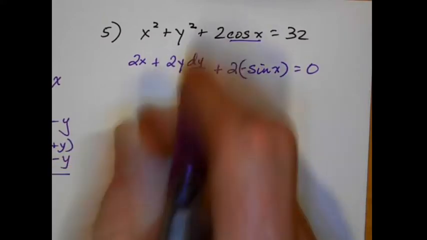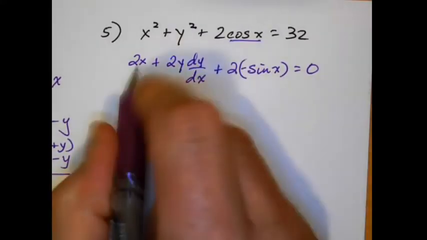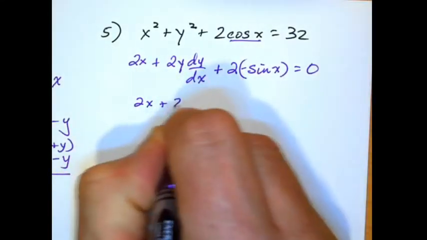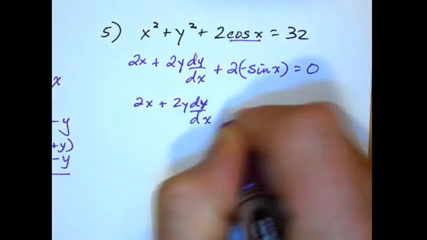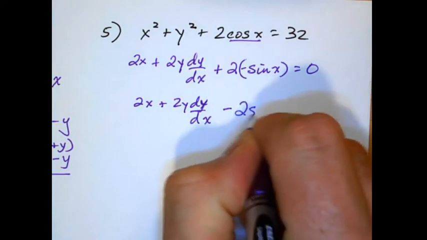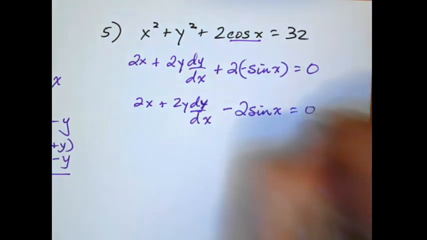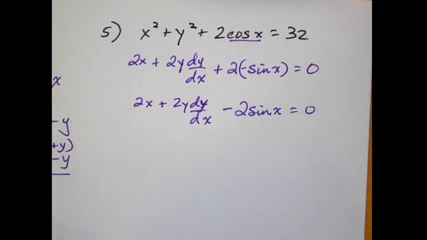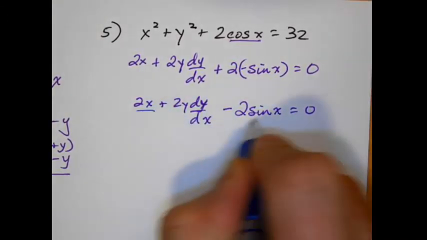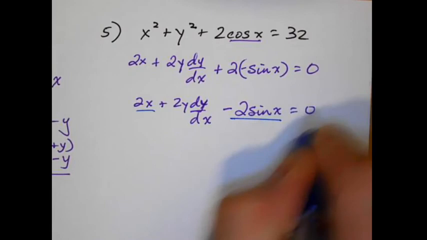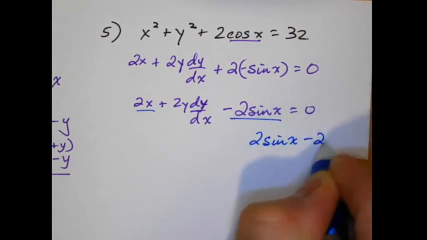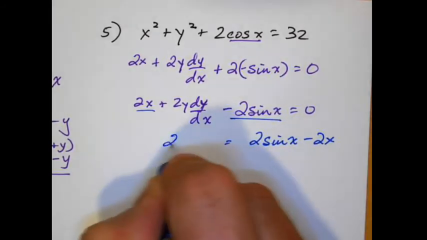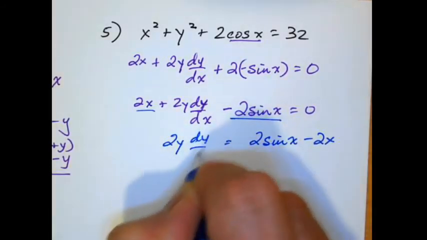So we have, just cleaning this up a little bit, you don't have to, 2x plus 2y dy/dx minus 2 sine of x is equal to 0. Anything that does not have a dy/dx, we take to the other side. So I'm going to add 2 sine of x, subtract 2x, and that equals 2y dy/dx.